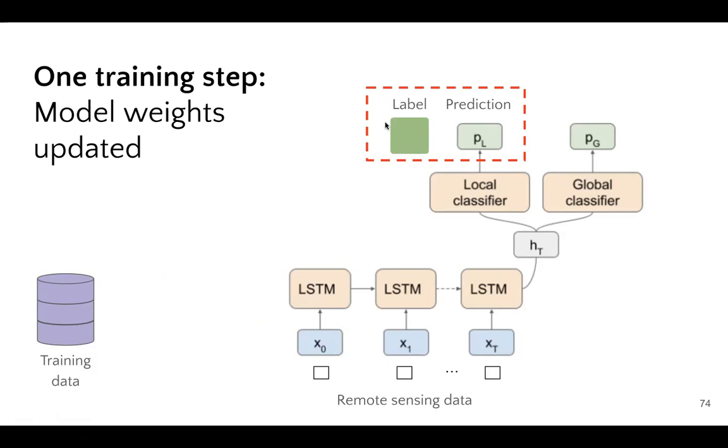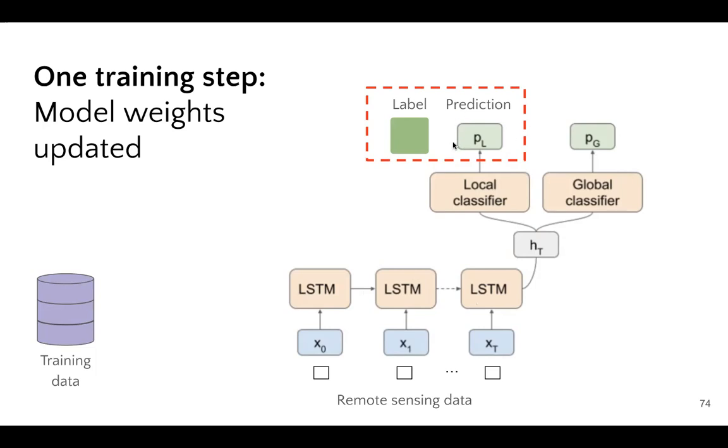And so we tell the model, you did a bad job, you need to change yourself. The model uses backpropagation to update its weights. There are all these different weights inside of this model that help the model decide whether something is a crop or not crop, so it's going to change these weights if it made a wrong prediction.